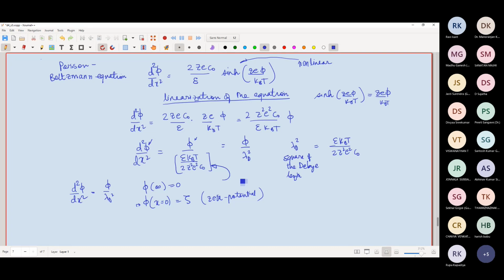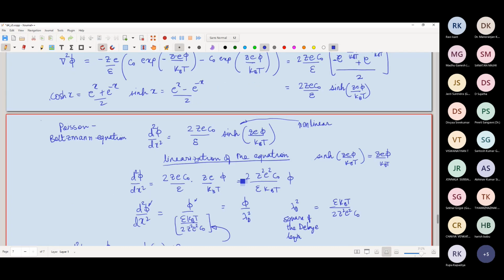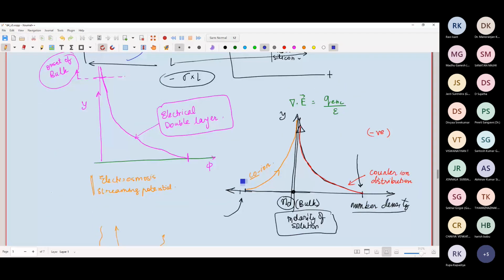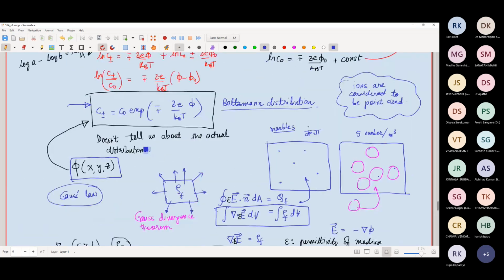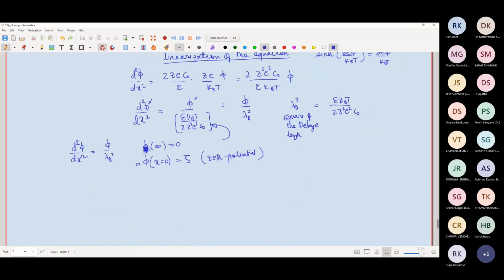If the charge density at the surface is very high, then obviously the zeta potential will be very high. If it is very low, then the zeta potential will be very low. So we must solve this subject to this.